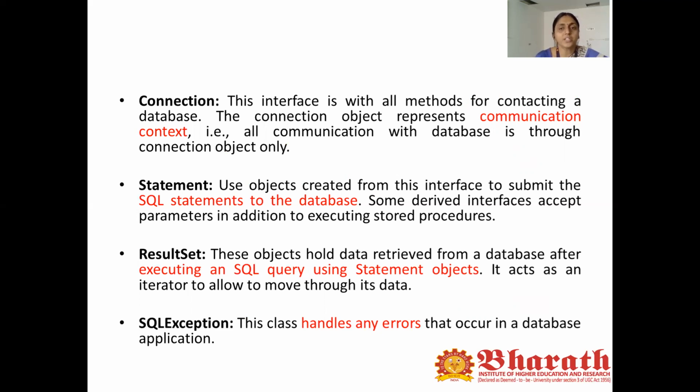So all communication with the database is through this Connection object only. So this Connection object is mainly responsible for communication with the database. And the next class is Statement. So we use objects created from this interface to submit the SQL statements to the database.